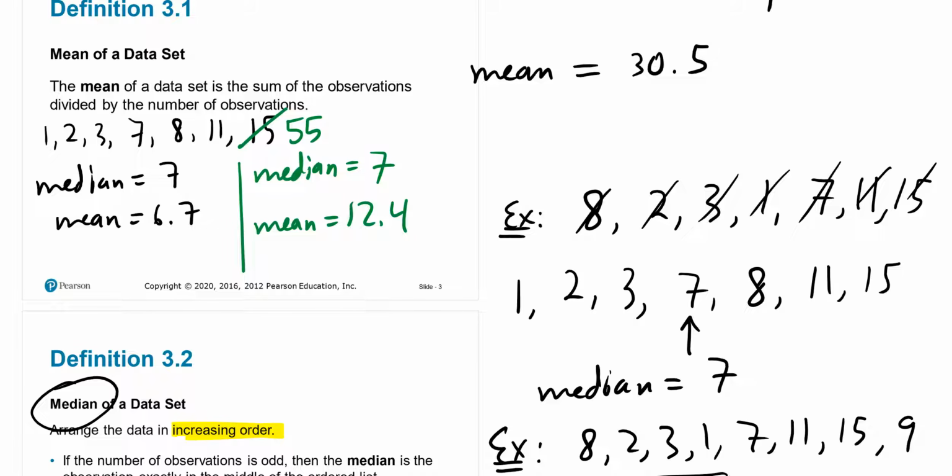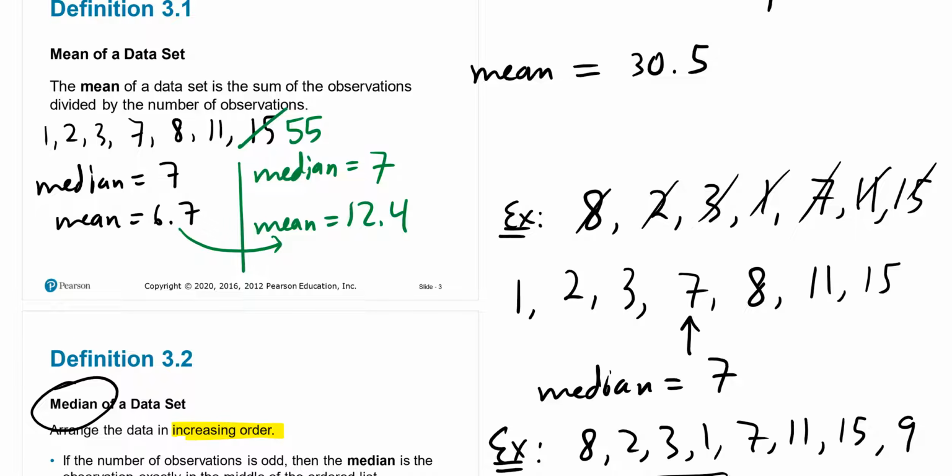So notice what happened. If we change one of the observations, either make it very large or very small, I just made it very large, you could also make it a negative number, then the mean changes. So that affects the mean, but it does not affect the median. The median stays the same.